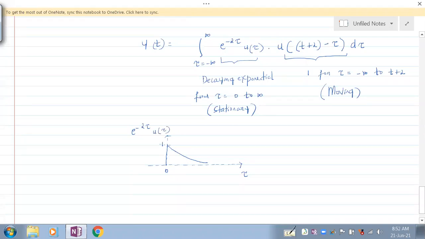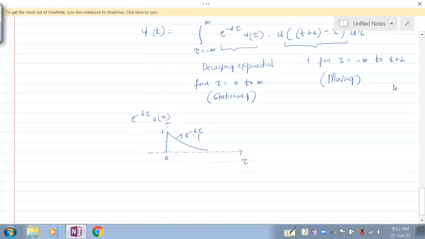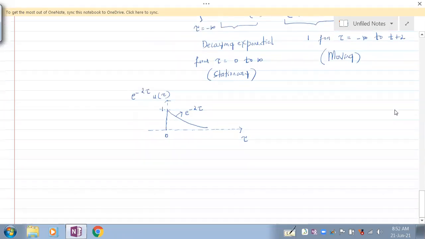And what is this signal? This signal is e power minus 2 tau. Fine. Now let's write the moving signal now. So this moving signal is from minus infinity to, it is 1 from minus infinity to t plus 1, right? So that signal is this then. We need u of t plus 2 minus tau.